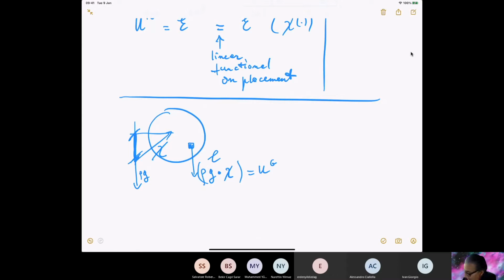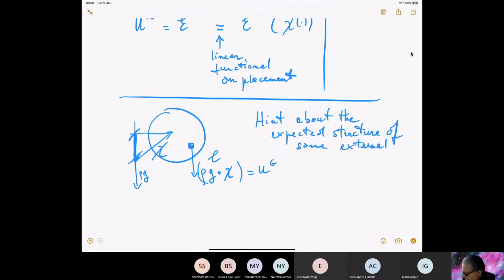So this is a kind of hint about the expected structure of some external interactions potentials. So linear on placement.